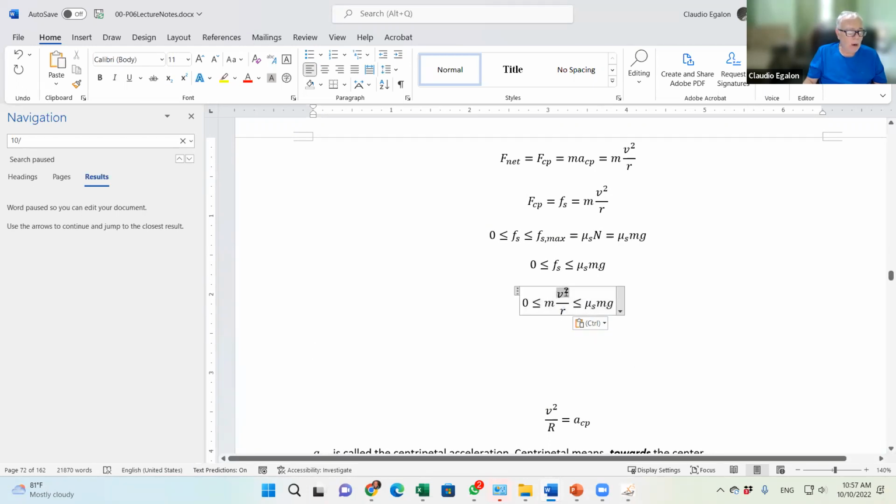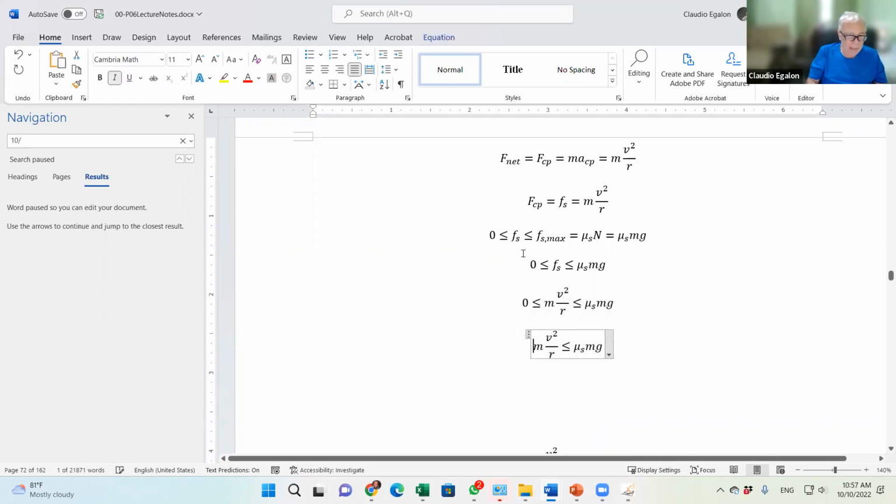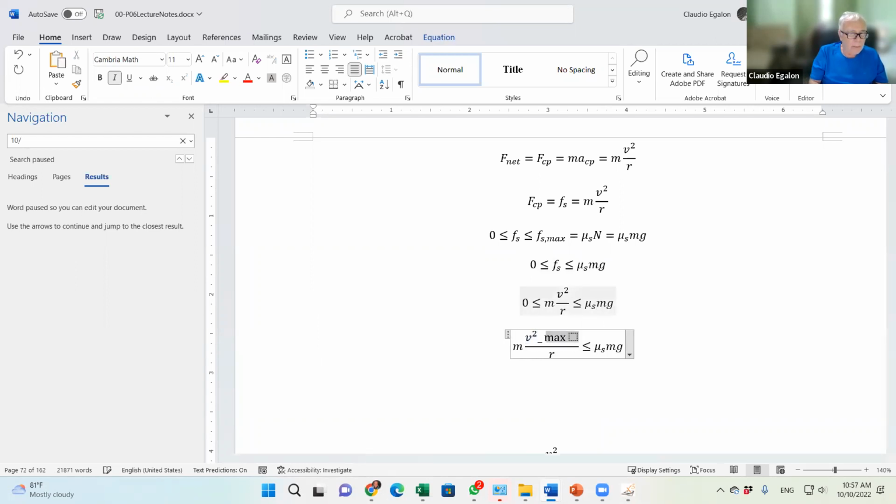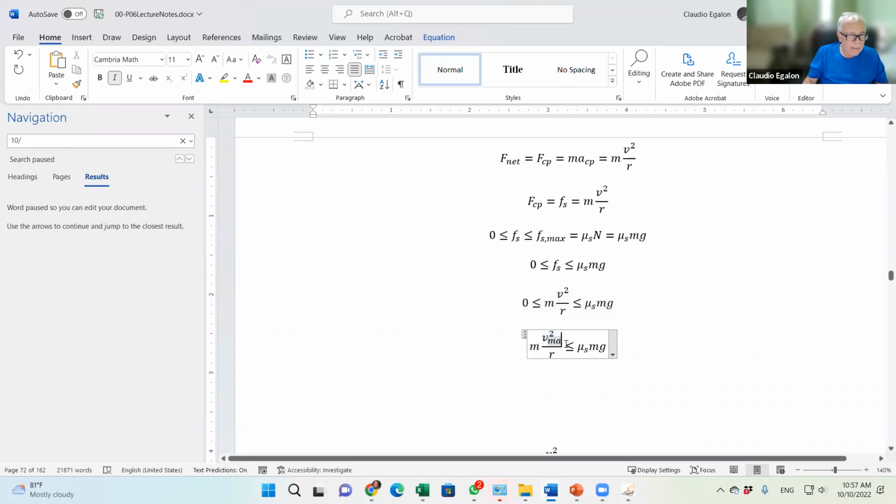It means that the velocity can be anywhere between 0 and a maximum value given by this equation, okay? And now we have the maximum speed that you can drive to ensure that you can negotiate that turn safely.